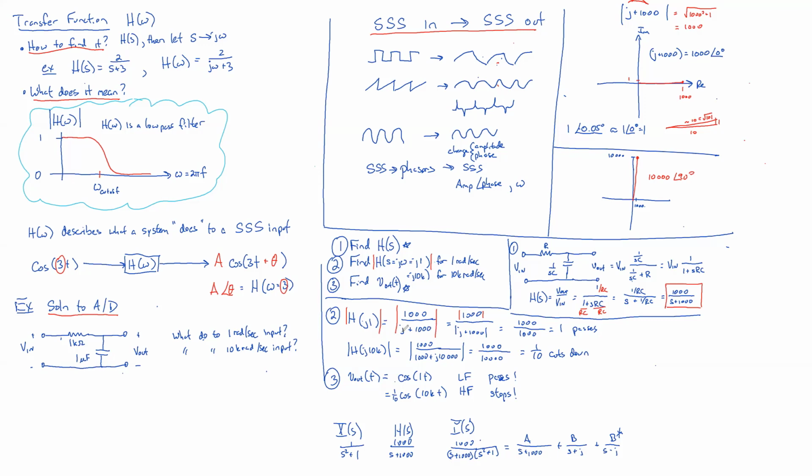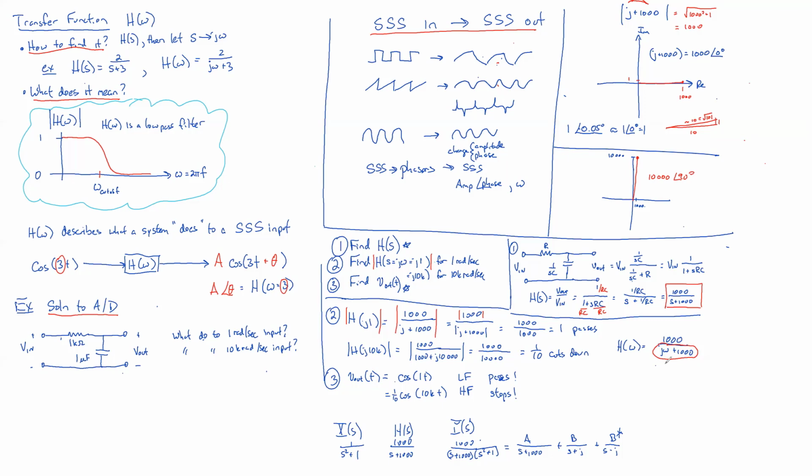The j part, how much imaginary part, is from our omega, right? And if we were to solve this in general for any omega at all, it would look like 1,000 over j omega plus 1,000. And so the part that changes, depending upon if it's a low pass or a high pass, is this. When our imaginary part was a lot smaller than our real part, we could ignore the imaginary part and it would just pass. When it was high frequencies, when our imaginary part became 10 times or more higher than our real part, we could ignore our real part and we could see it just cuts it off.